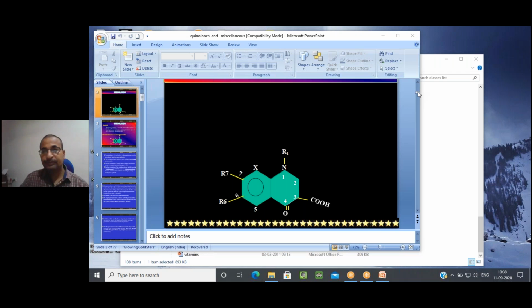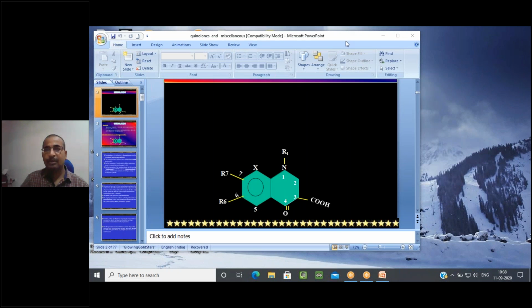It inhibits the action of PABA, that means para-aminobenzoic acid.